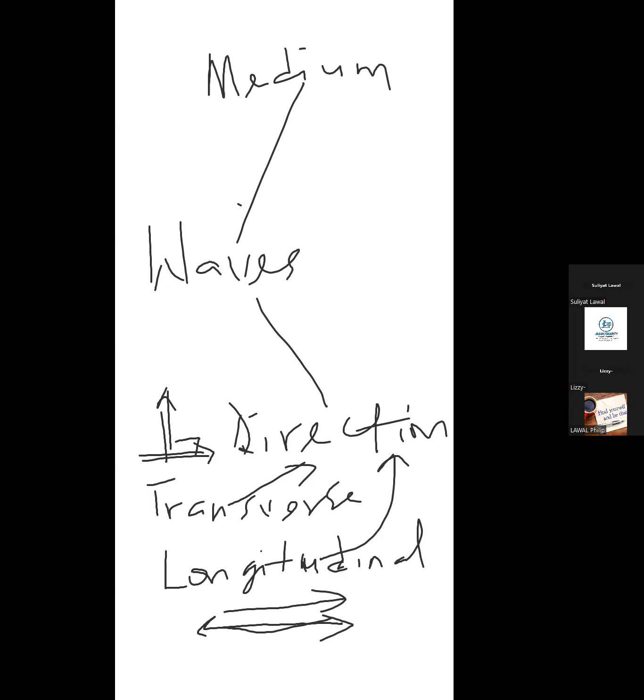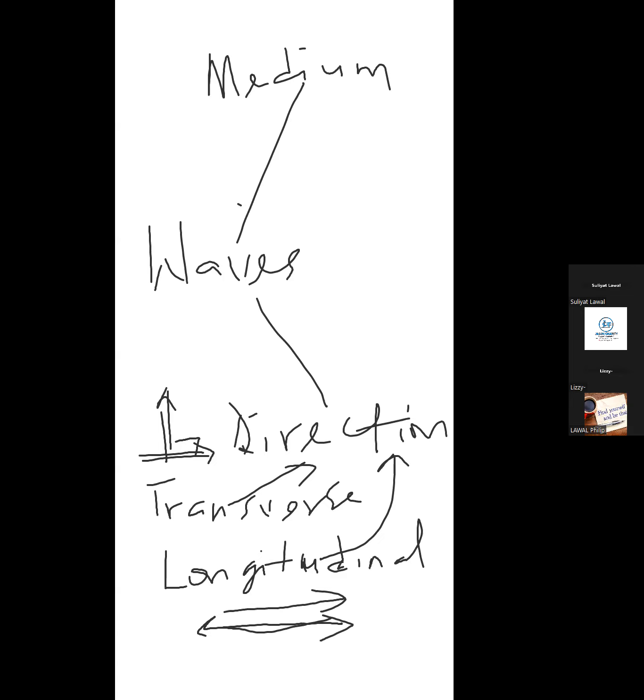Some will just say it's traveling parallel, some will say it's traveling in the same direction, but it may not be the same direction. Some waves travel in opposite directions according to the transfer of energy, but what we are interested in is that the direction of travel is linear or parallel to each other. So note that.